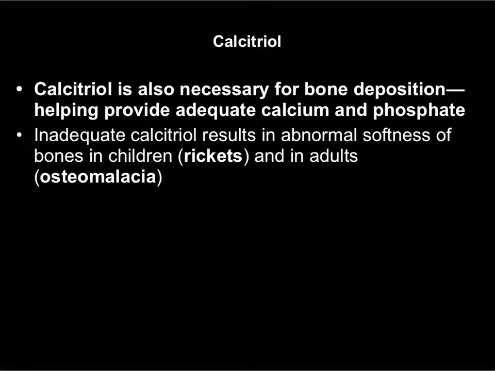Insufficient calcitriol, which can be caused by either lack of vitamin D or by a lack of the conversion process in the liver or the kidneys, results in bones that are insufficiently calcified. Right? They've still got the collagen extracellular matrix there. You don't have any problem laying that down.